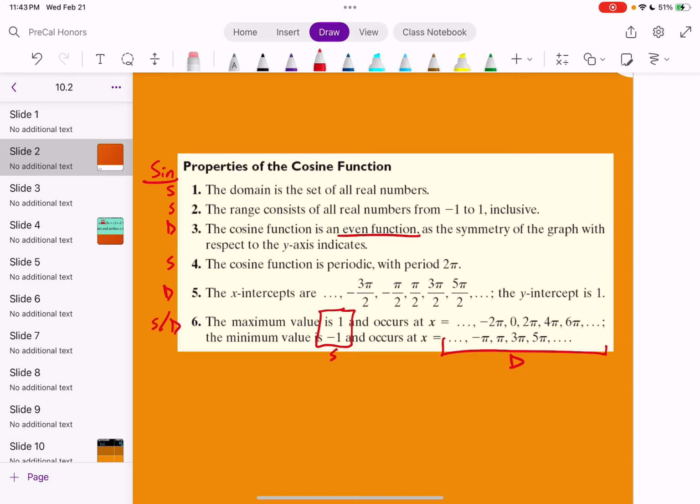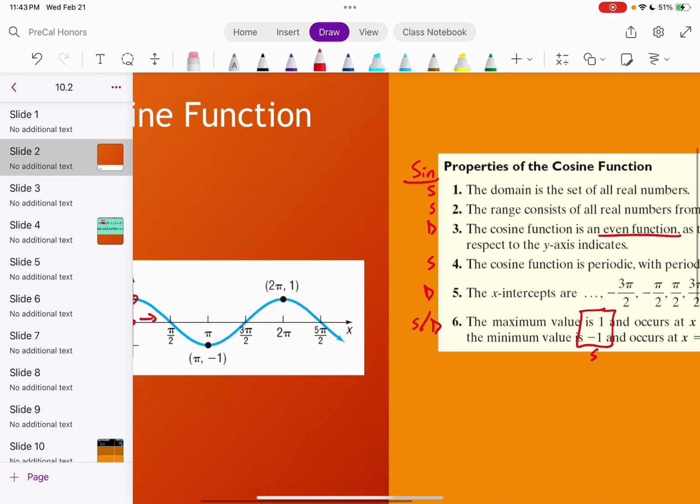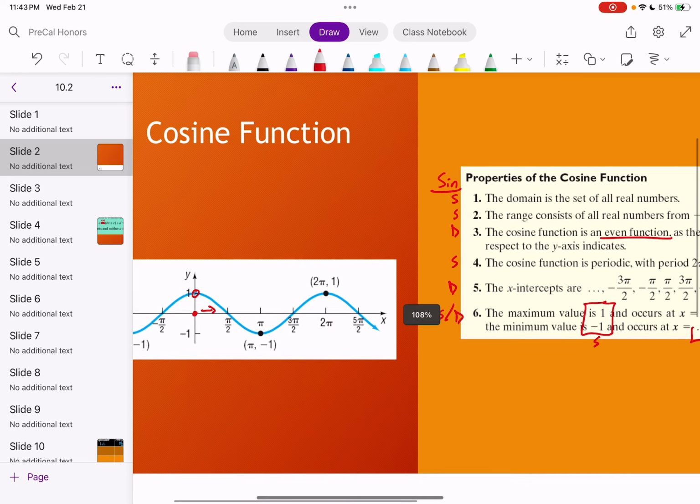There is a difference between sine and cosine in the fact that cosine is an even function, while our sine function is an odd function, meaning in an even function, there is a reflection across the y-axis. As you can see here, there is a reflection across that y-axis.